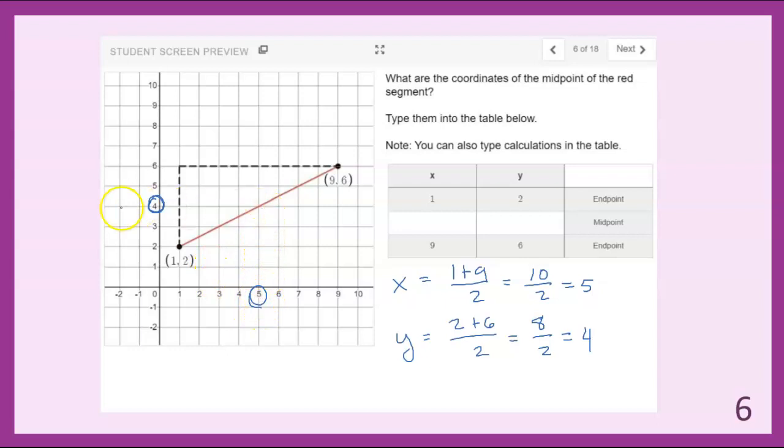If we meet up our new x value and our y value for the midpoint, we get a point right there at 5, 4. So that's how you calculate the midpoint of a line segment. All right, pause the video again, go through a few more, come back, we'll look at another example, but the next one will be without a picture.